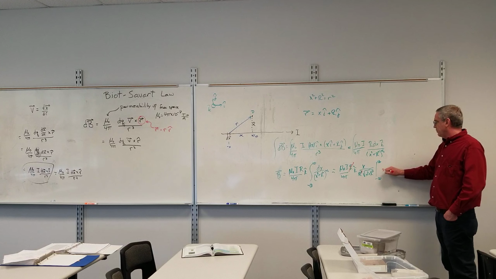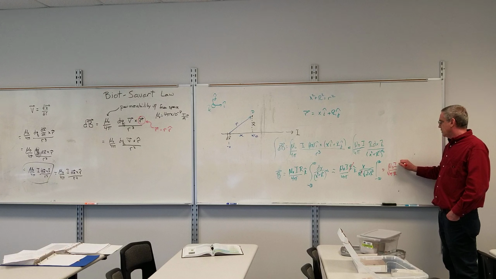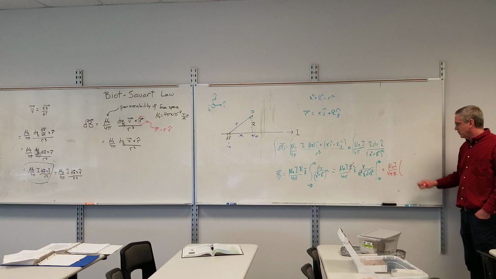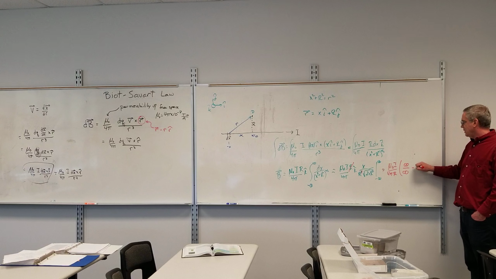And so I'm left with mu naught I over 4 pi r times infinity over infinity minus negative infinity over infinity.